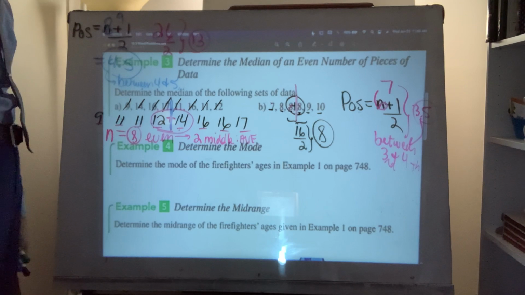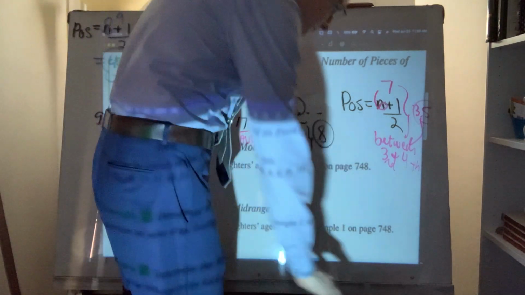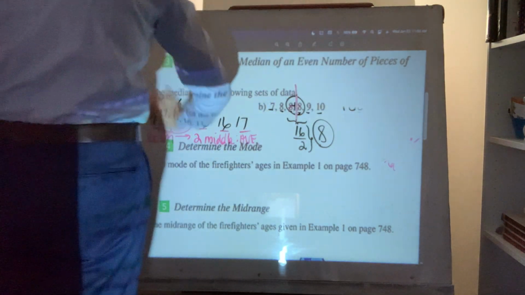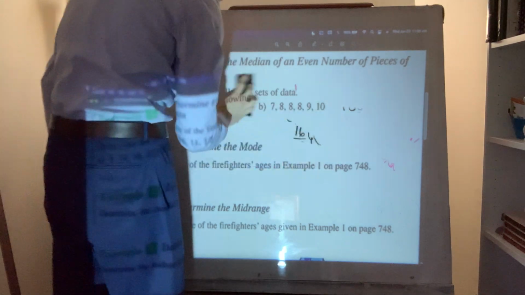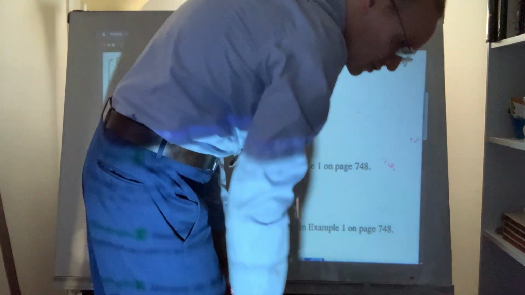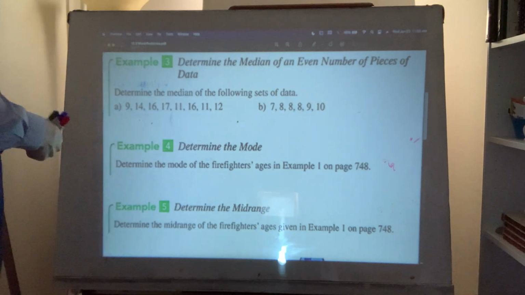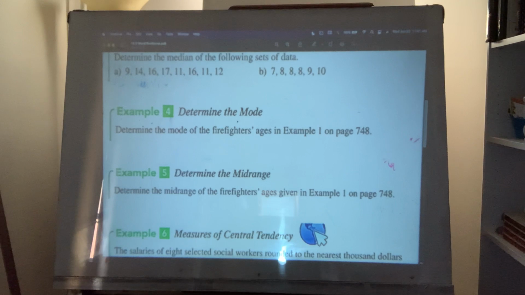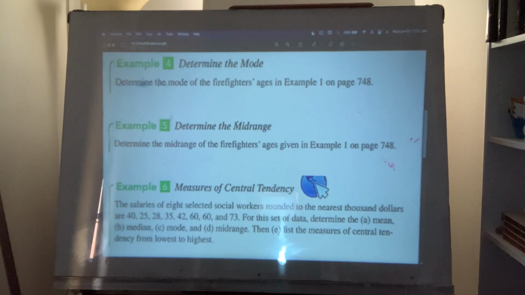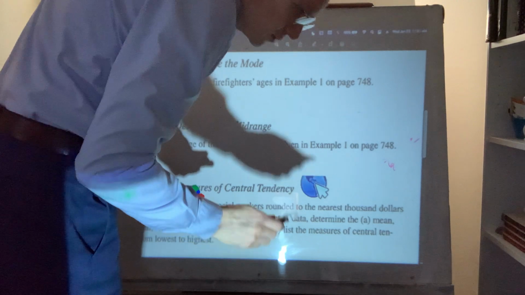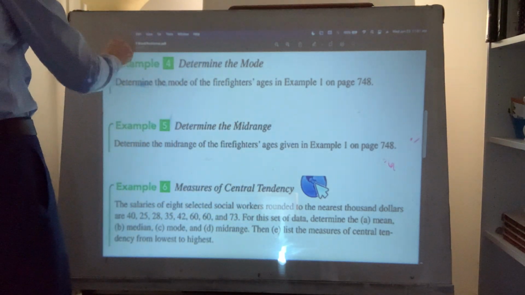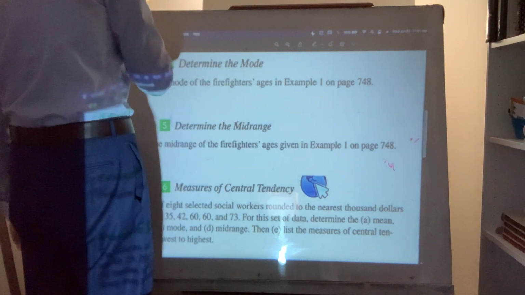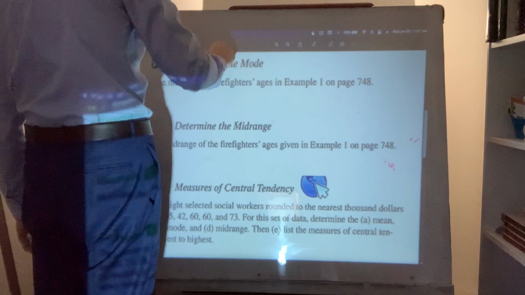Okay. Now, this question here is about the firefighters again. So without scanning up, let me give you the data set that was related to this, from earlier. 21, 30, 37, 51, and 51.